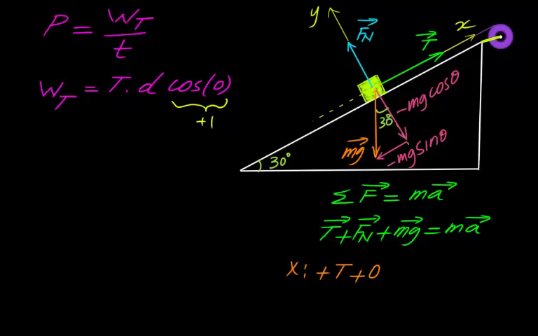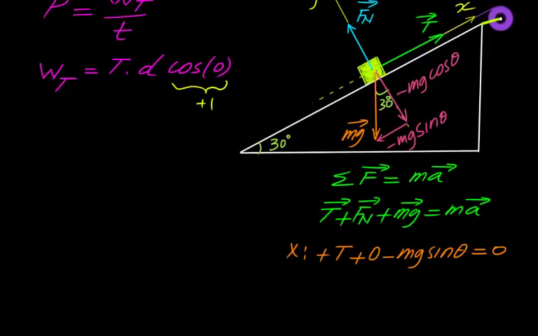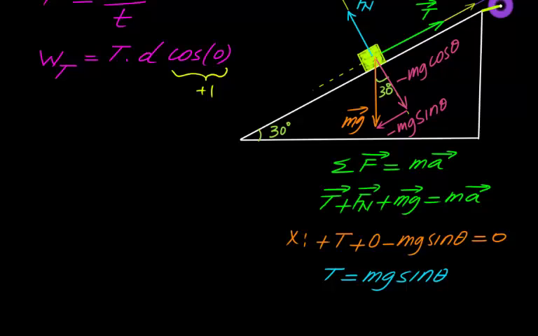And the mg has a negative mg sine theta component along the x. Notice that the acceleration is 0 because the question stated that the trolley is pulled at constant velocity. Therefore, the ma is going to equal 0. This x component alone is enough for us to figure out the tension. Isolating the tension T, you obtain mg sine theta. Remember that this angle theta is the inclined angle, which equals 30 degrees.